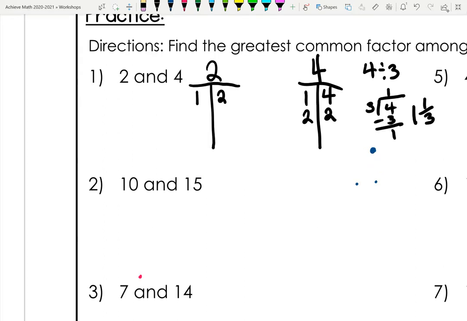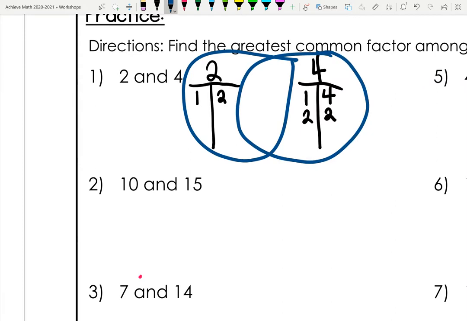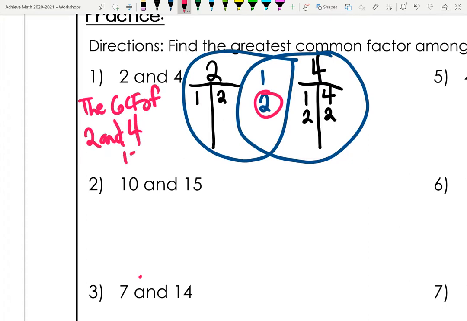So once I go through the process of writing all of the factors out, I'm going to use a Venn diagram to compare them. So I'm going to draw them around my t-charts, leaving some room in the center. And the common factors of both of these are 1 and 2, leading me to say the greatest common factor in the middle of 2 and 4 is 2.